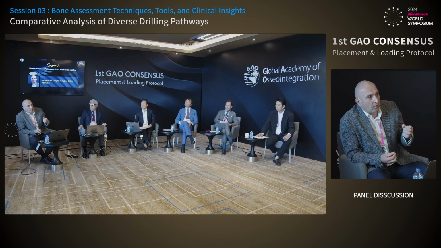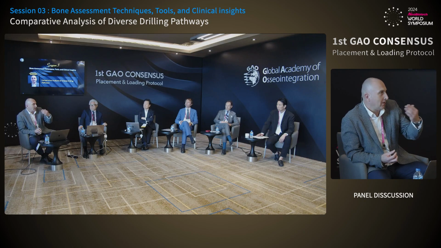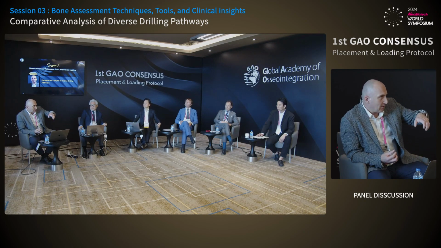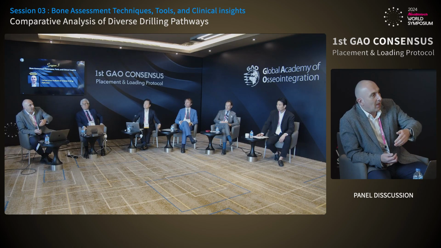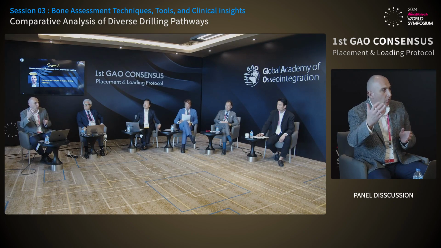In the case of a cortical plate, it does not matter whether it is in D4 or D3; we always need to make this part larger in conventional drilling protocols. But in the CMI protocol, we do cortical tapping, which gives us the possibility to achieve maximum bone-implant ratio and avoid bone compression.